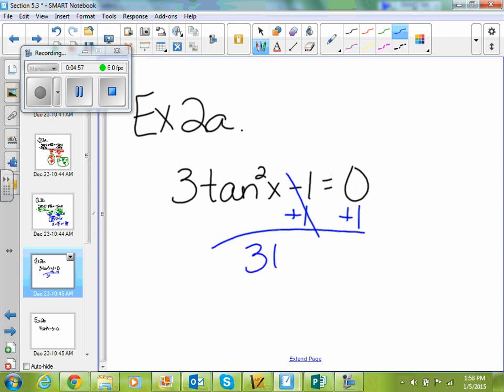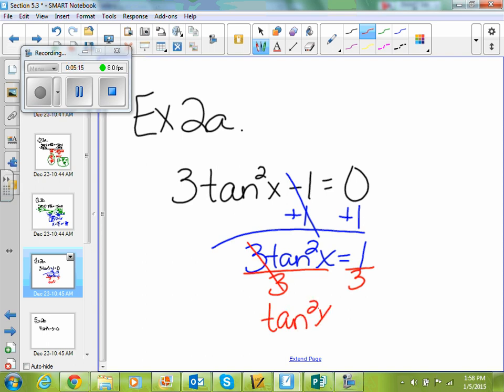So 3 tangent squared of x equals 1. How do I get rid of this 3? Divide, so I'll divide by 3. So tangent squared of x equals 1 over 3.